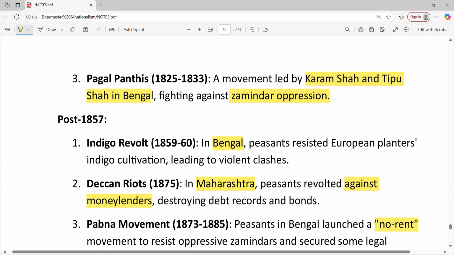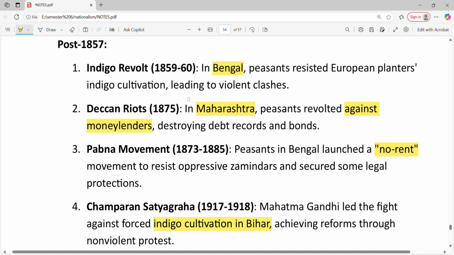So post 1857, we have very important ones. Okay, the first one is the Indigo Revolt. It was in Bengal. Peasants resisted European planters' indigo cultivation, leading to violent clashes. This was led by the Biswas brothers.